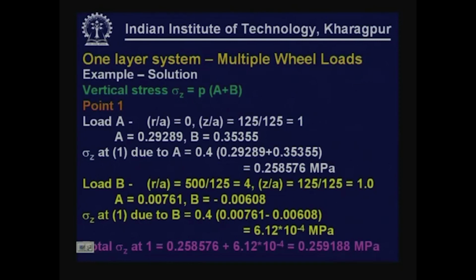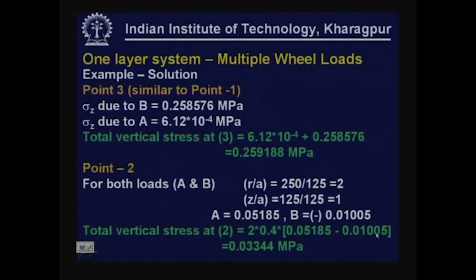So, total sigma Z at 1 is a summation of the stresses due to the 2 wheel loads, that becomes 0.259188. Incidentally, the stress due to the second load because of its radial distance is very insignificant. Similarly, we can calculate stresses for point 3 and point 2 in the same manner.